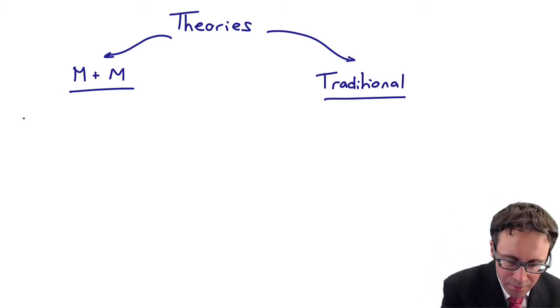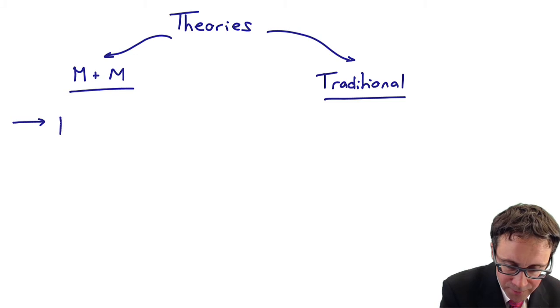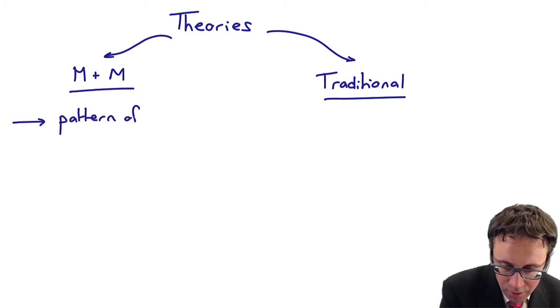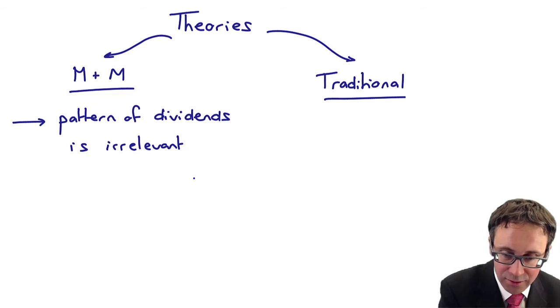But the key thing that Modigliani and Miller found with their theory is that they stated that the pattern of dividends is irrelevant.